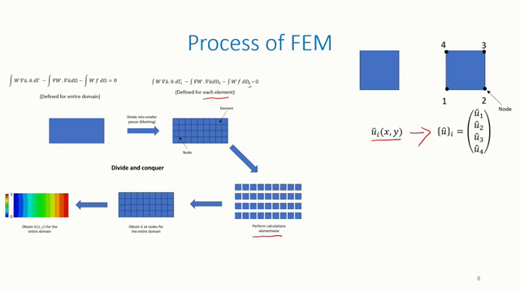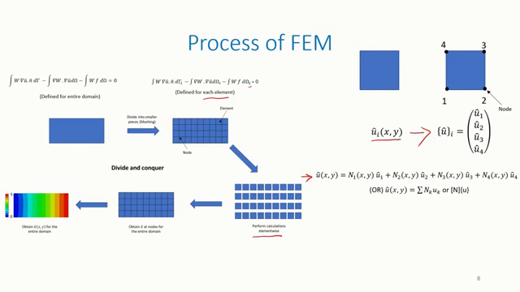Remember that. This transformation is done by what we call as the piecewise interpolation and is given by the following equation. u hat equals N1 u1 plus N2 u2 plus N3 u3 plus N4 u4. I personally believe that this is the magic equation of FEM. N1, N2, N3, N4 are known as shape functions in FEM, and importantly, they are the known functions which depend on the shape of the element.